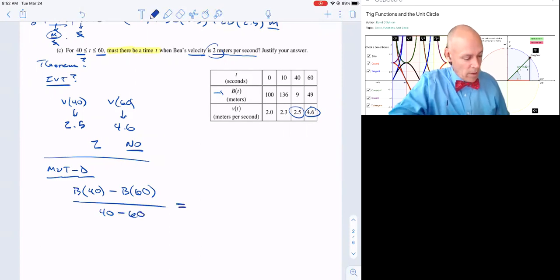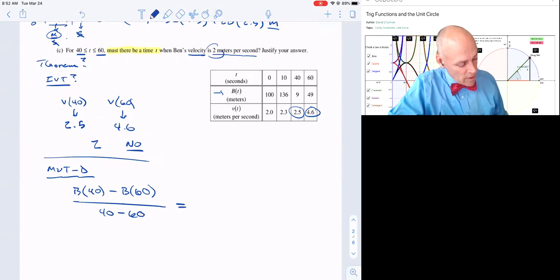What's that equal? So B at 40 is 9 minus B at 60 is 49. 40 minus 60. So that's going to be negative 40 over negative 20.